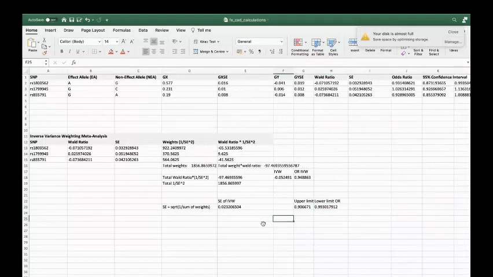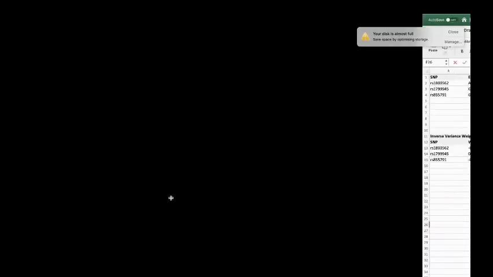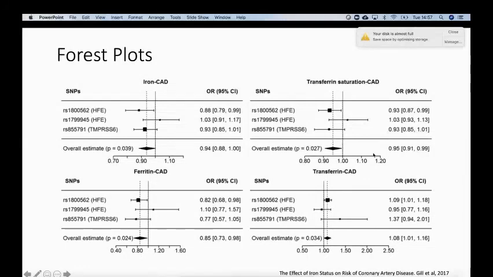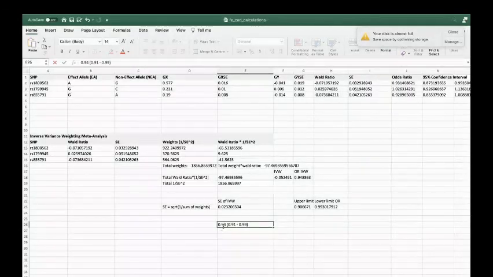So actually what we're seeing here is that the odds ratio for the pooled estimate is 0.94, with the confidence interval being 0.91 to 0.99. And that's for transferrin SATs. And if we go back here, sorry, that should be rounded up.